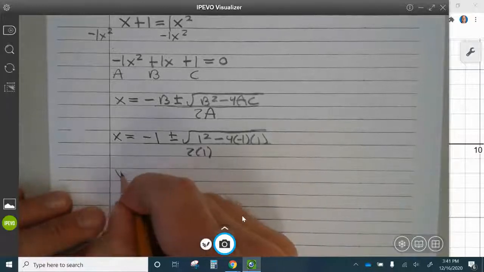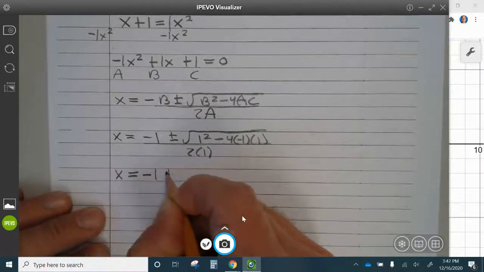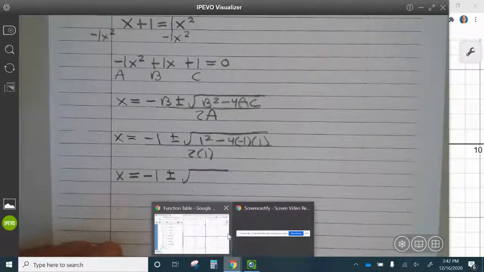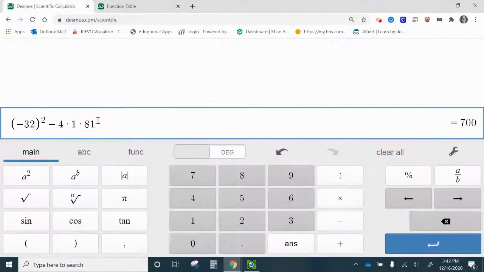Okay, so then x equals negative 1 plus or minus, let's go ahead and plug that into Desmos. 1 squared minus 4 times parentheses negative 1 times 1 is 5.